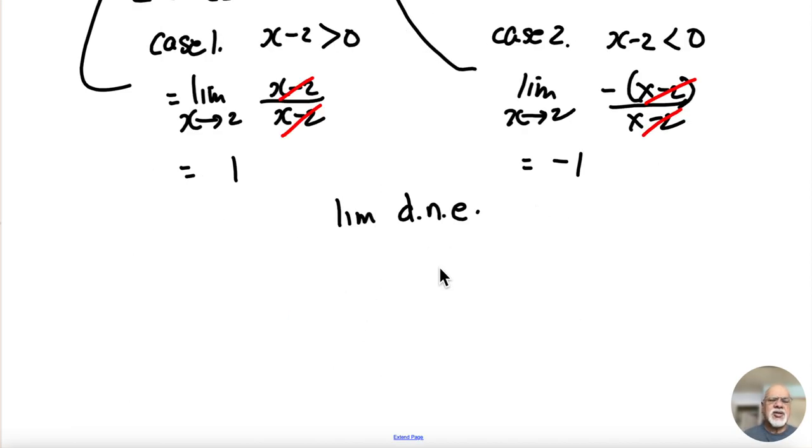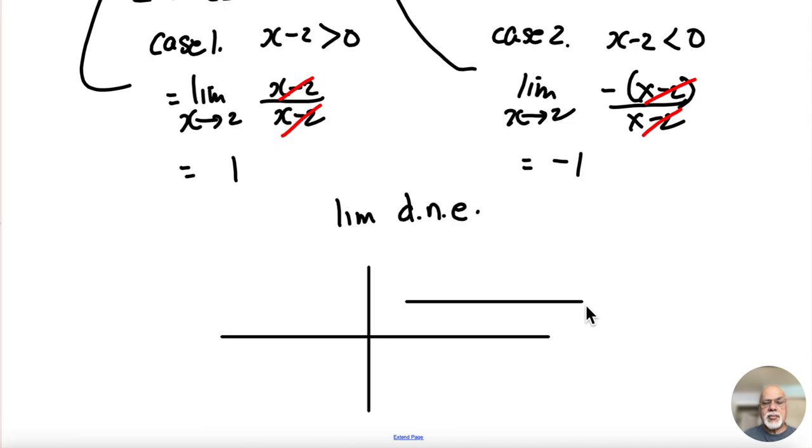You might wonder, what does this mean in this case? Like, why did that not exist? Well, if you were to take a look at the graph of this function, it looks something like this. This is 2. And if you were to graph that function, absolute value of x minus 2 over x minus 2, this is what it looks like.